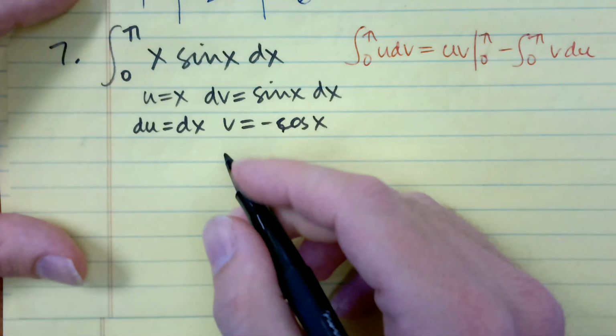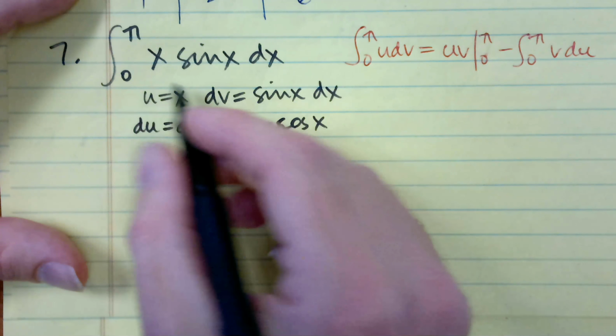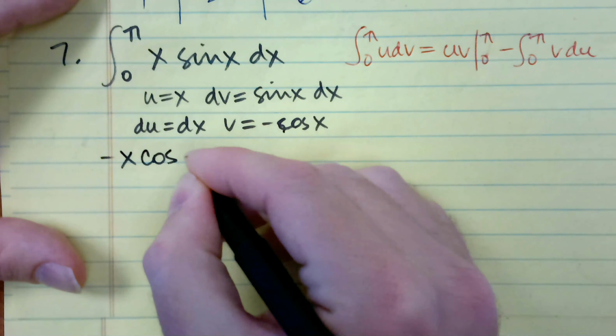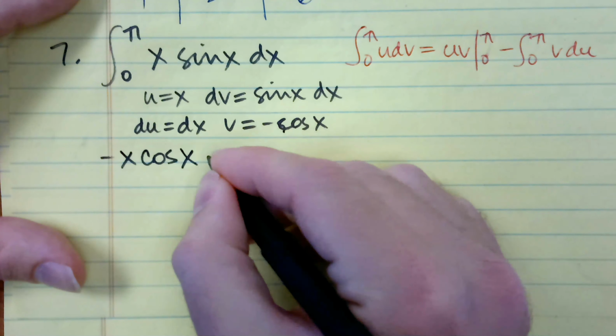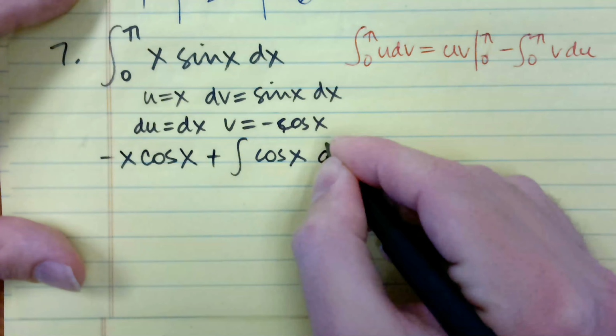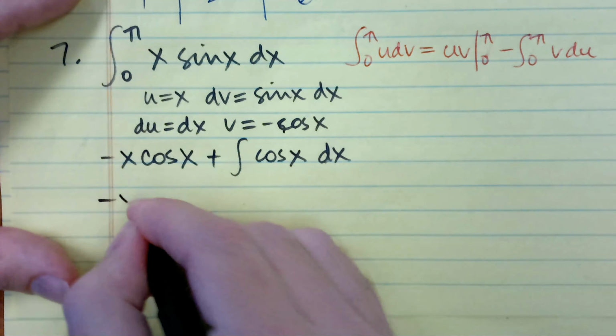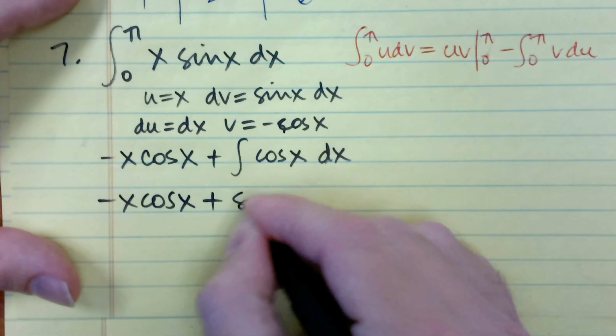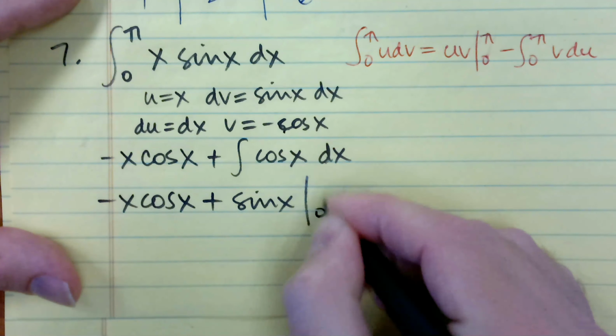All right, so my antiderivative is going to be negative x cosine x minus the antiderivative of v du. So negative x cosine x plus sine x as x runs from 0 to pi.